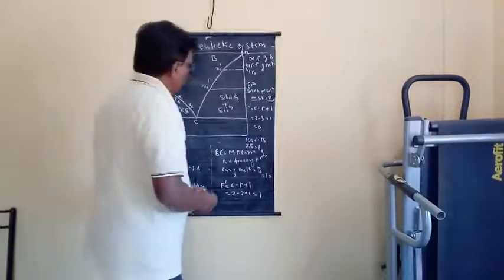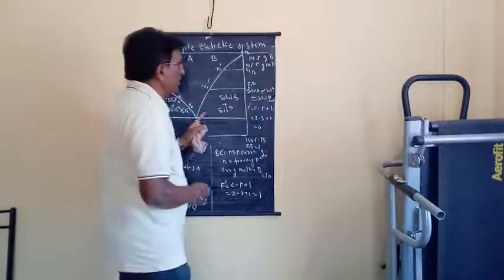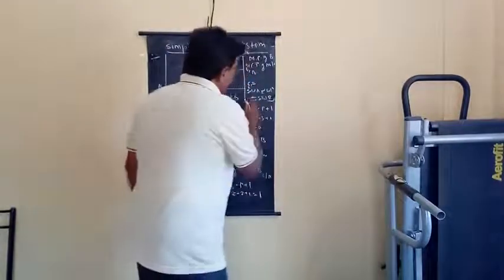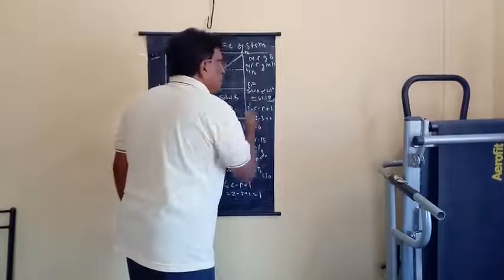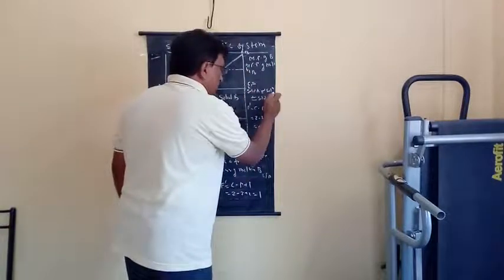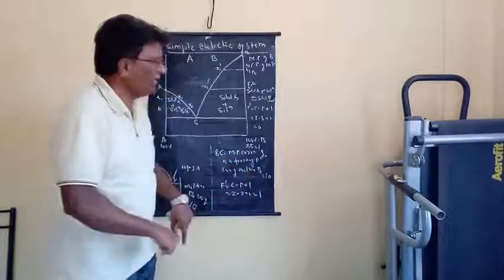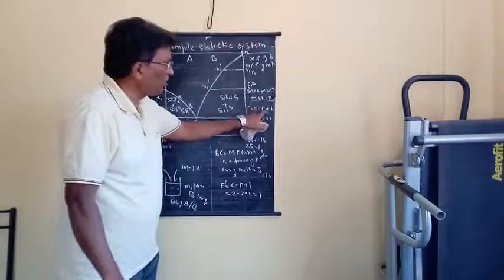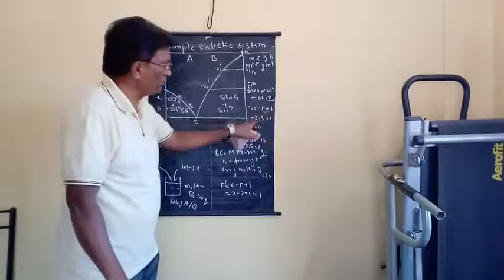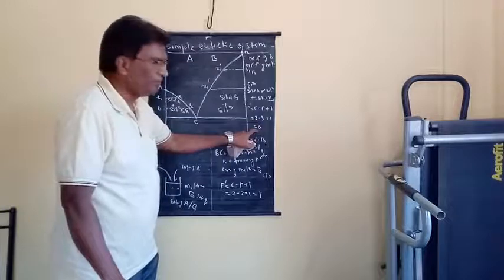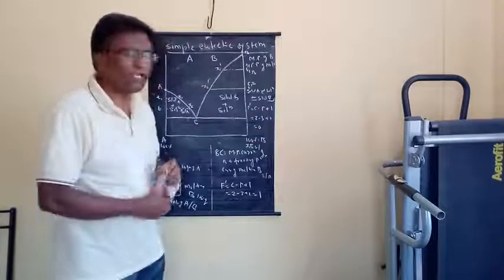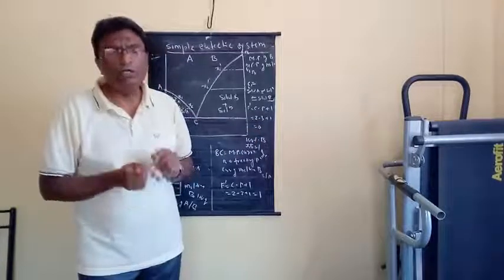And therefore, at point C, again we have three phases in equilibrium: solid B, solid A, and solution of both A and B. According to the reduced phase rule, the degree of freedom becomes 0, and therefore it is called the non-variant point or triple point.